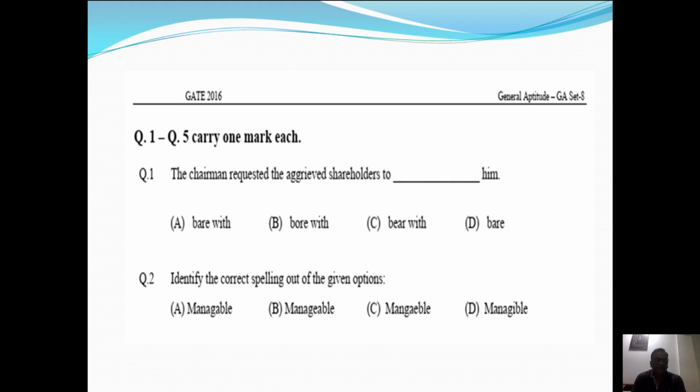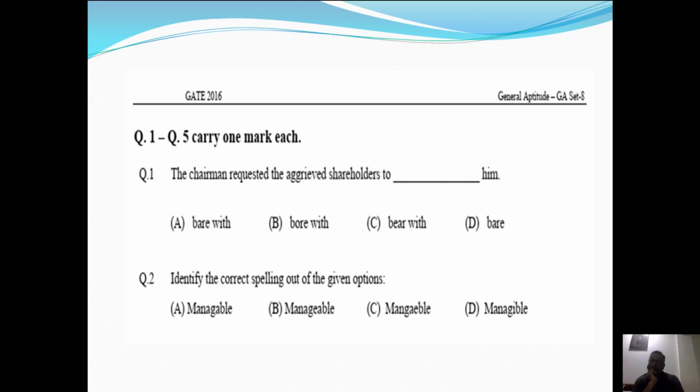Question number 1. The chairman requested the aggrieved shareholders to blank him. What does it say? The chairman requested the aggrieved shareholders to blank him. Option A, bear with. Option B, bore with. Option C, bear with.